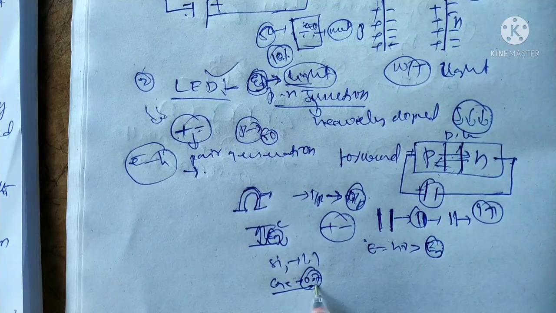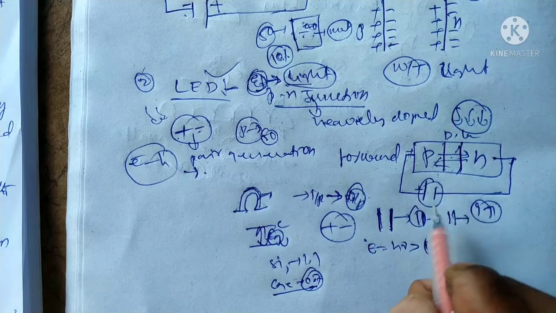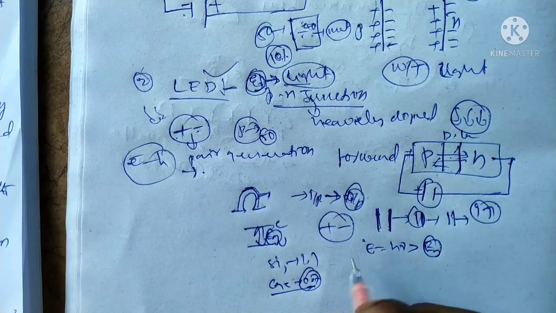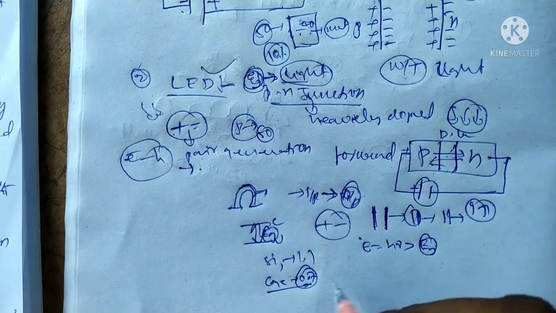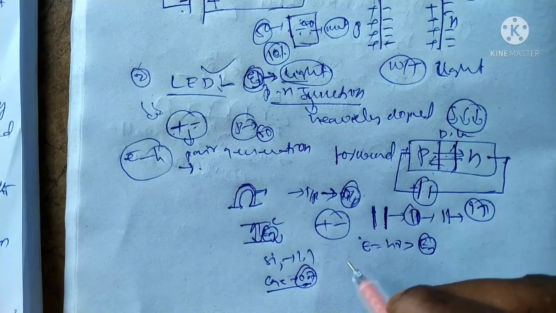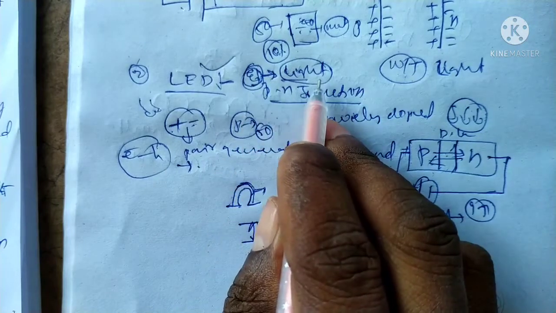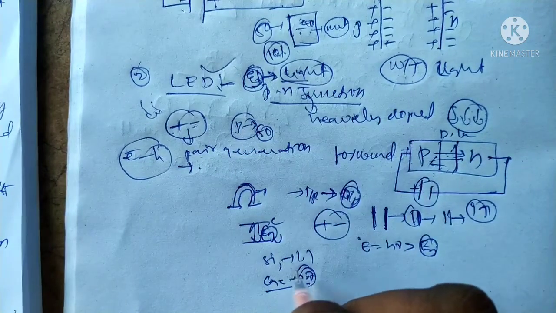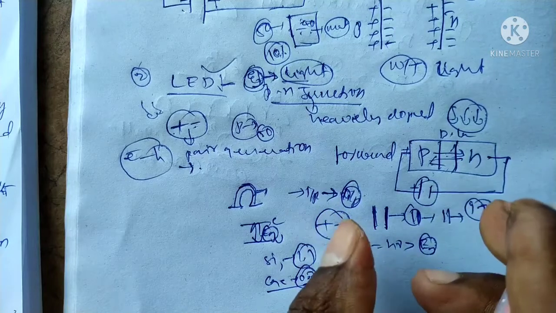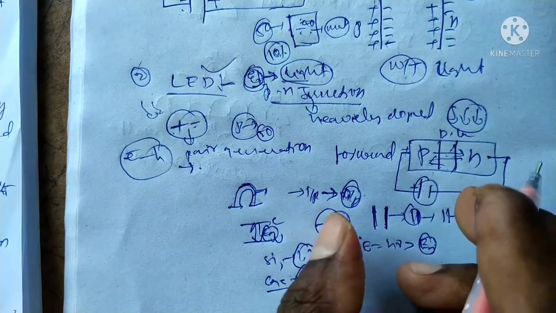If we use germanium, we get high current, because it has a low band gap. Low band gap materials exhibit high current, and high current means high energy. If we use silicon, we get a low amount of energy.